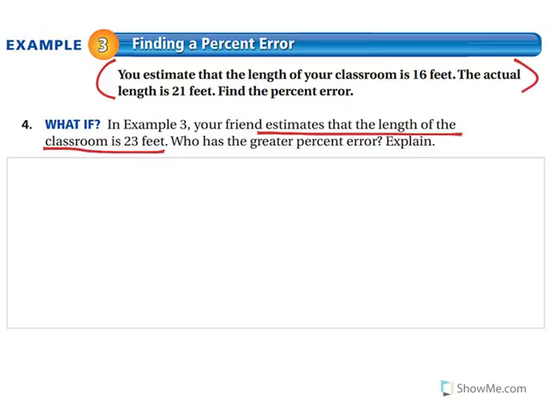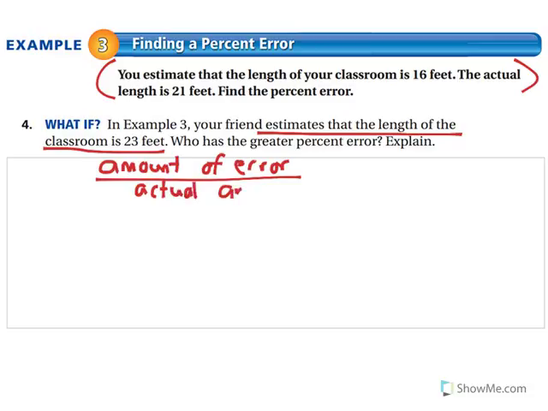Okay, being a percent of error, I'm going to remind you what this formula looks like. For the percent of error, this is the amount of error divided by the actual amount. So in this problem, we estimated 23 feet, and the actual length is 21 feet.